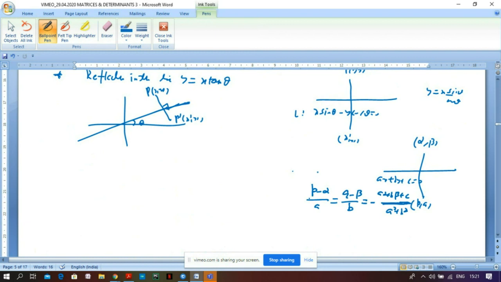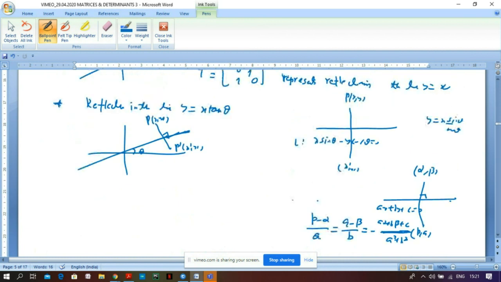And so this becomes your formula, that reflection of (alpha, beta) in this line is given by P minus alpha upon A, Q minus beta upon B, and negative of A alpha plus B beta plus C upon A squared plus B squared.